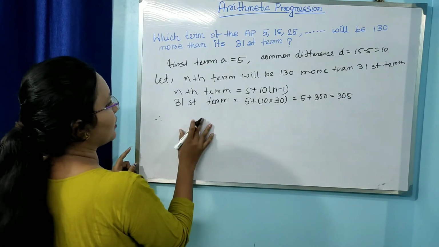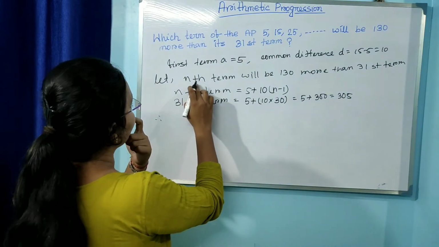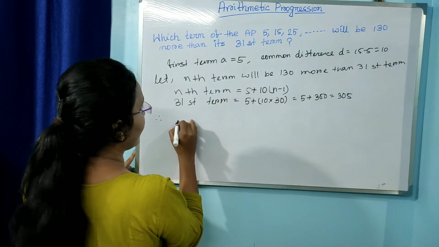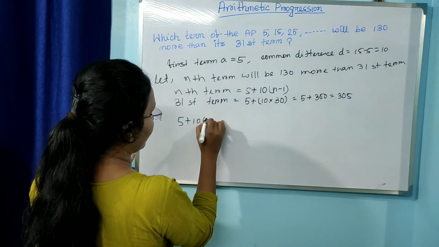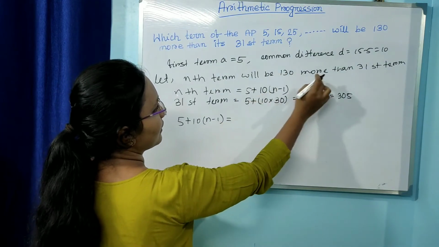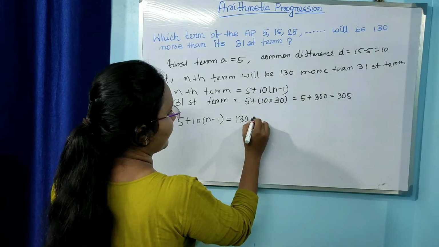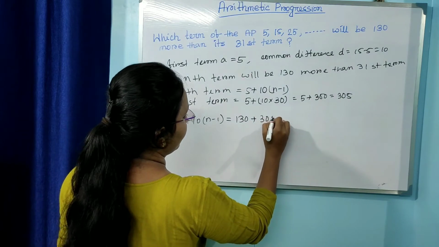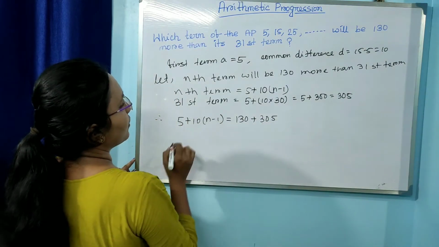Now by condition we can write here nth term will be 130 more, so nth term is 5 plus 10 into n minus 1, equal sign, 130 more than, that is 130 plus 31st term, which is 305. So this is the equation. Okay.